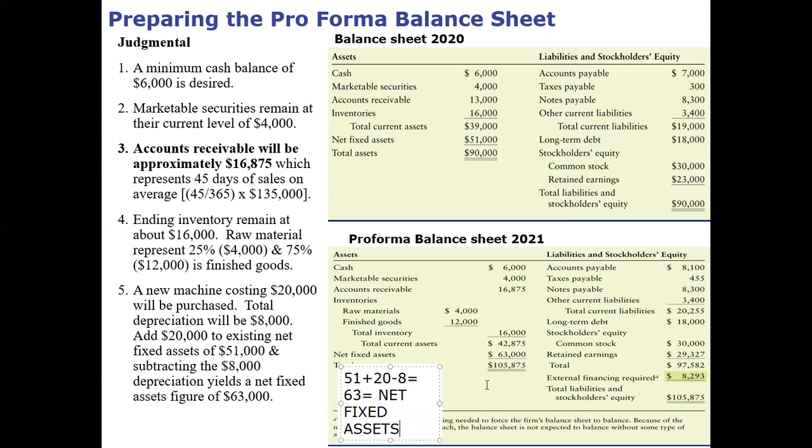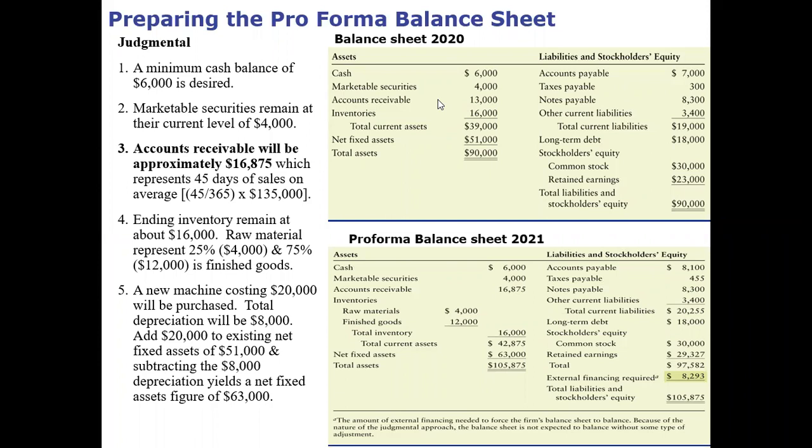Okay, so 63. So this is the total for the current assets. To add the total current assets and the net fixed assets, it will give me 105,875. So this is basically for the current assets and the total fixed assets.